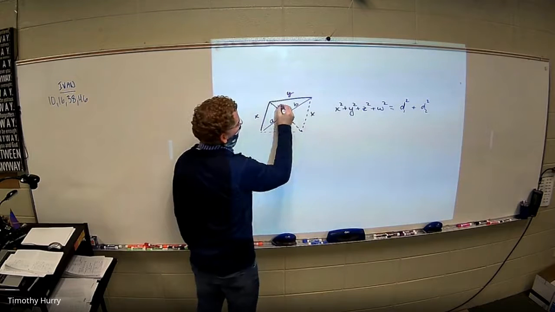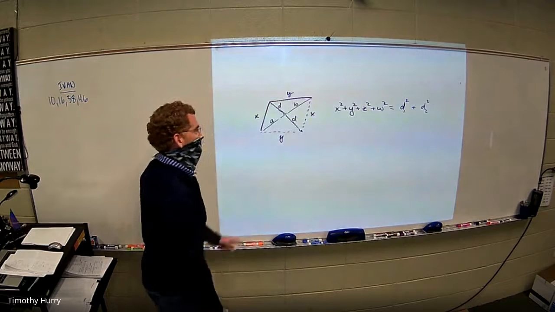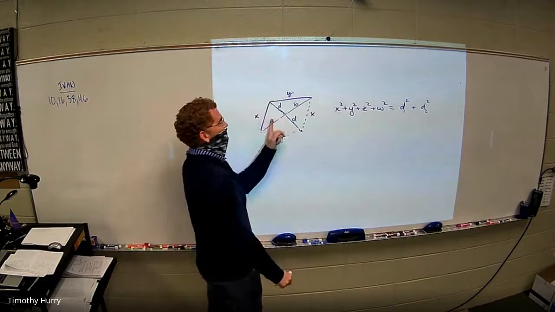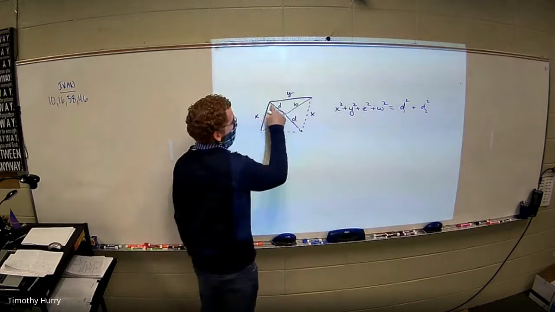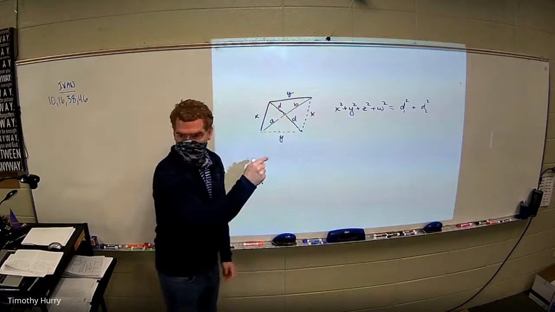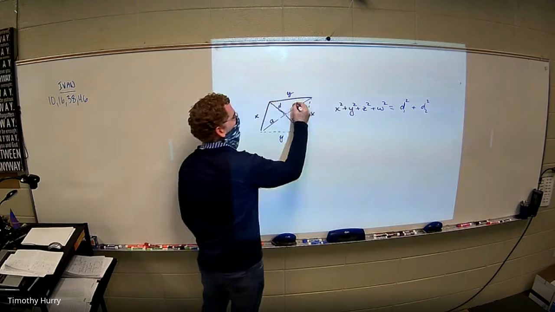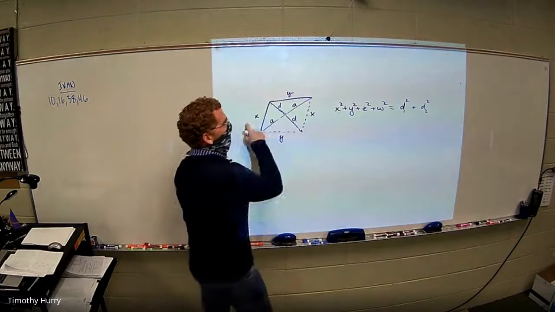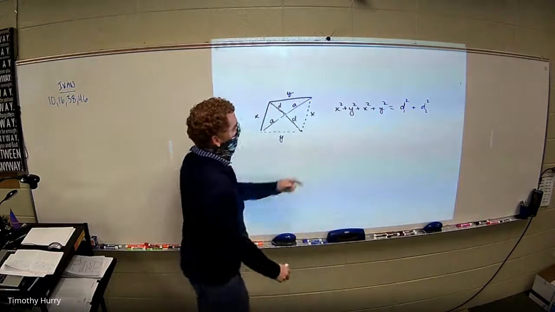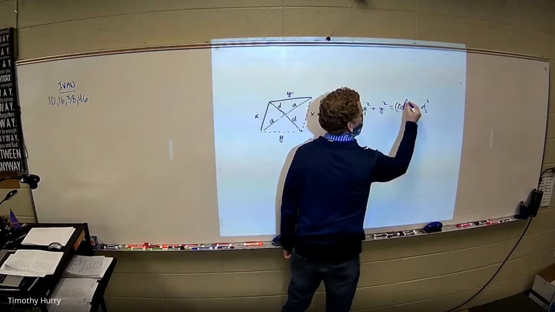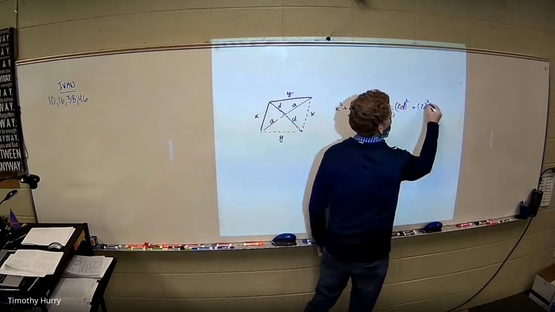If this little value here is D, then this value right here is D. If this is splitting this, like if that's a median, I think that's what they call it in geometry, then this D and this D and this A would be the same. So you could literally say X squared plus Y squared plus X squared plus Y squared, and your first diagonal would be 2D squared, and your second diagonal would be 2A squared.